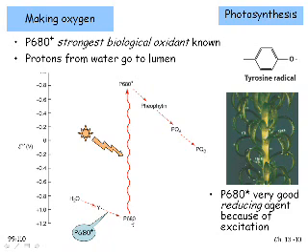Here's P680 by itself. When it absorbs a photon to become P680 star, it's turned into a very good reducing agent. And when it loses that electron and becomes P680 plus, P680 plus is the strongest biological oxidant known. It's an extremely good oxidizing agent.